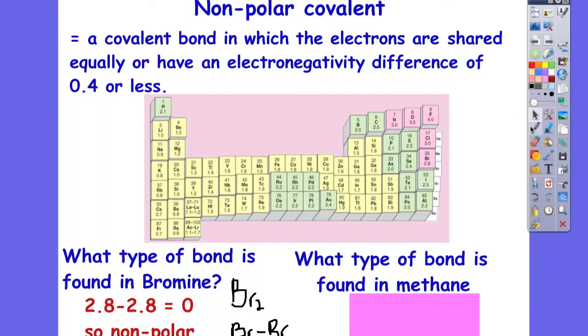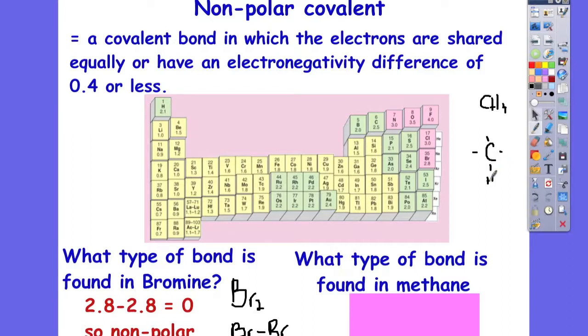Methane is CH4. In this case, hydrogen cannot be in the middle. Hydrogen can never be in the middle. So carbon is going to go here, and I'm going to have my 4 hydrogens.